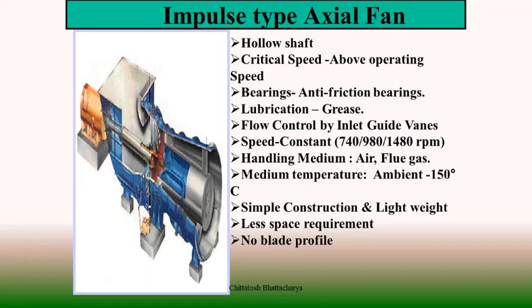Impulse type axial fans, if you see the constructional features, have a hollow shaft. On this shaft, we have at the end a coupling arrangement to couple with the motor, and this fan has a key fitted impeller holding arrangement. It has a critical speed above operating speed, mostly we take care that way, and it is simply supported in anti-friction bearings, and lubrication is generally done by grease.